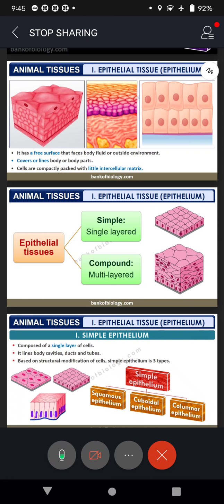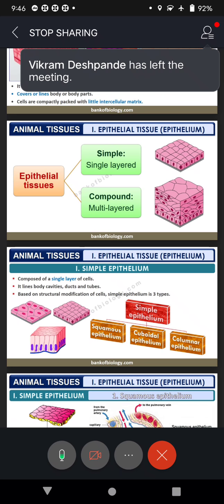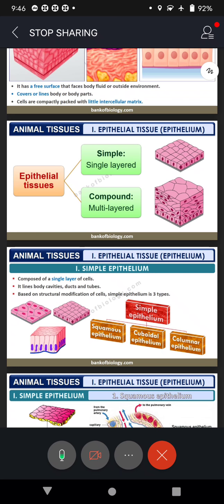And cells are compactly packed with little intercellular matrices or spaces. That means they are closely arranged. There is no gap. That's what we say, compactly packed. And again, based on the shape, location, we say there are two types of epithelial tissues.